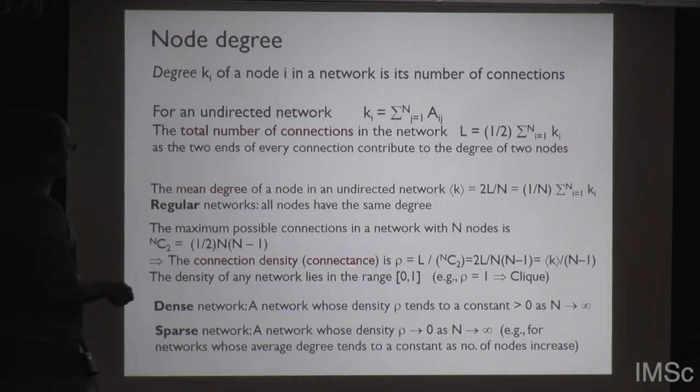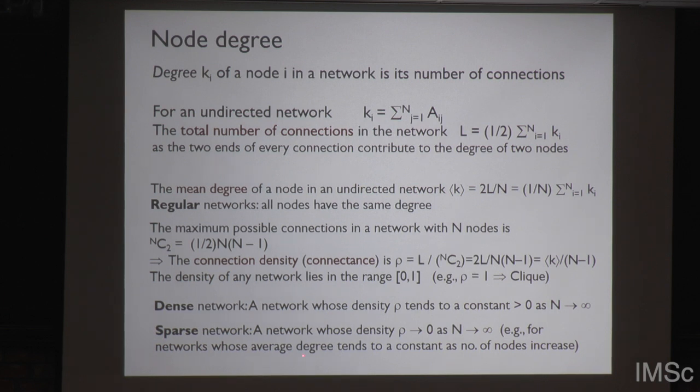Now, why is this of interest? Because by knowing how this connection density behaves as the network becomes large, you can define something qualitatively about the network, whether it is dense or sparse. Technically speaking, a network is dense if its connection density tends to a constant as n tends to infinity.